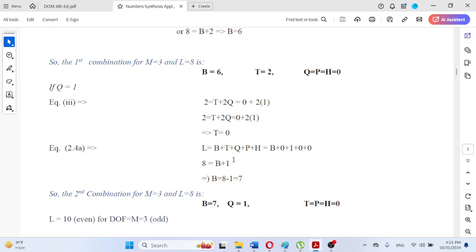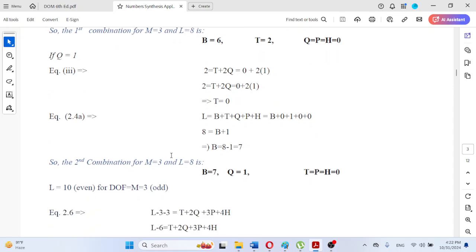we can observe that the total number of links is 8. So 8 minus 1, so binary links will be 7. So the second combination for M is equal to 3 and L is equal to 8 will be 7 binary links and 1 quaternary link, and all ternary, pentagonal and hexagonal links will be 0.